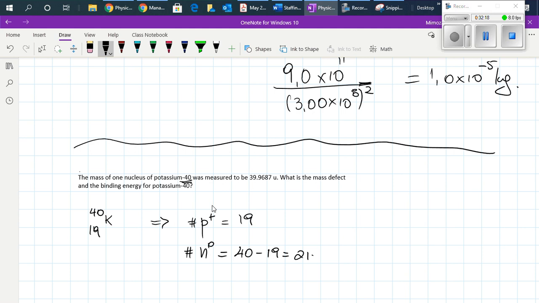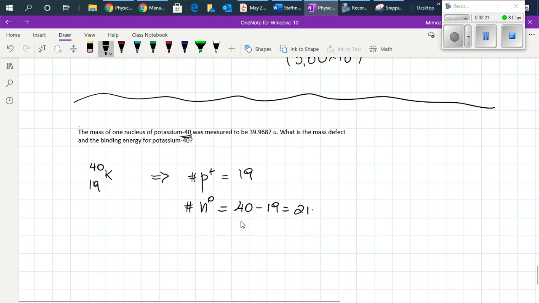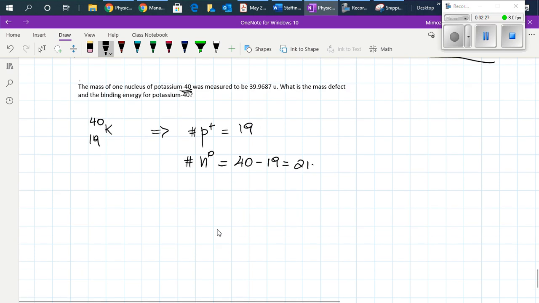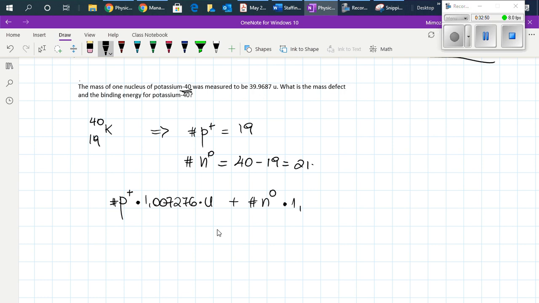Now, when we calculate the theoretical mass of potassium, it is the number of protons times 1.007276 times the unified mass, plus the number of neutrons times 1.00866 times the atomic mass unit.